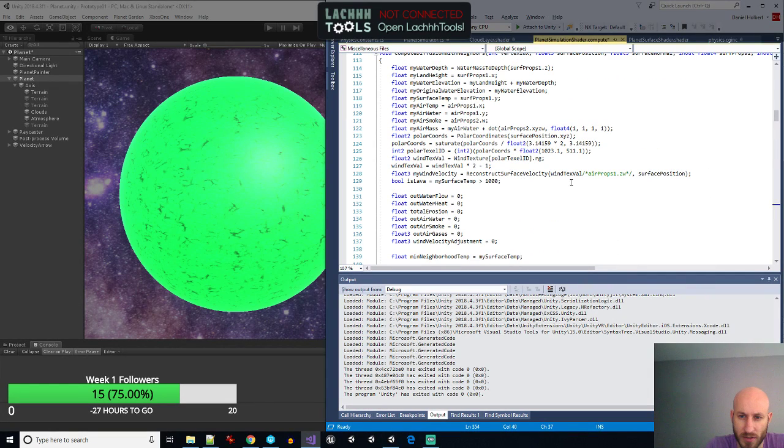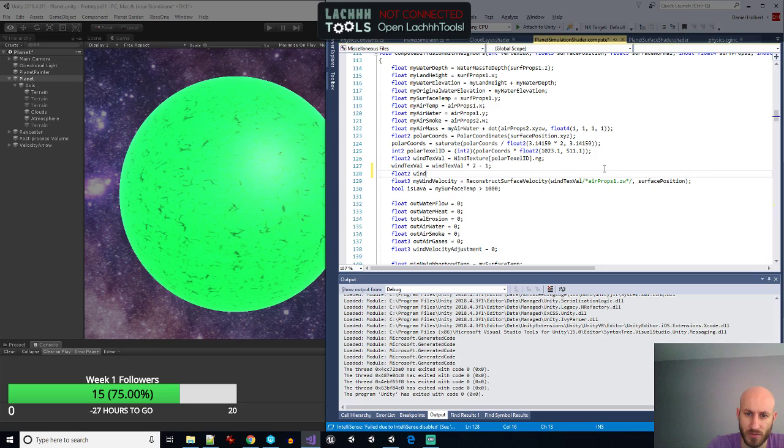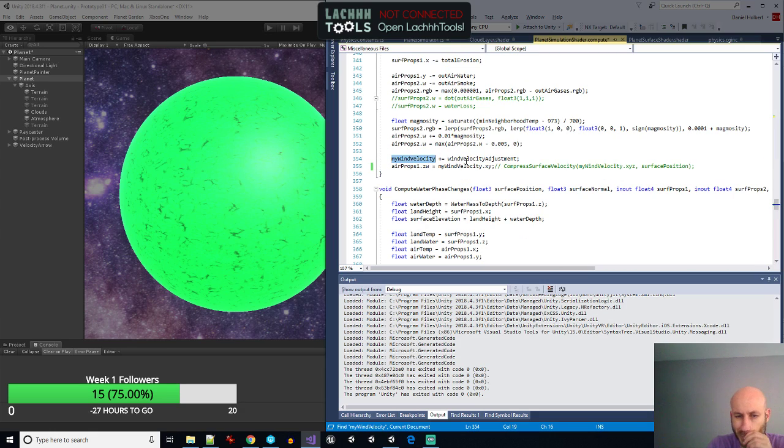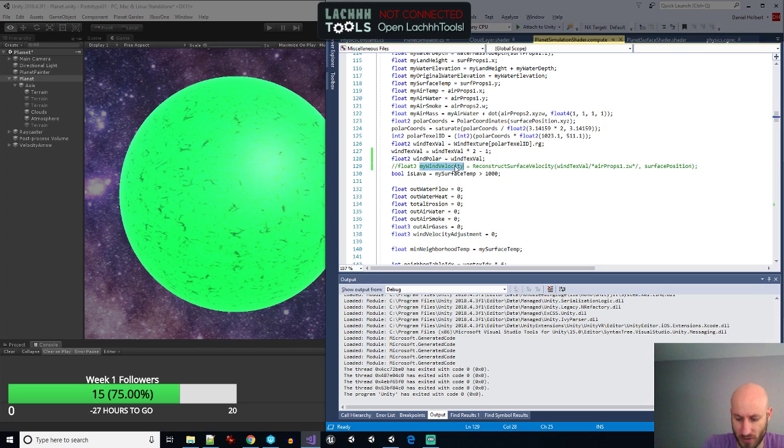So I come up here. Call it wind polar. I'm not even going to use my wind velocity actually. Totally ignore this other stuff that I had.